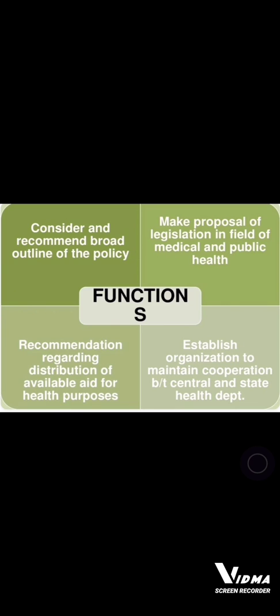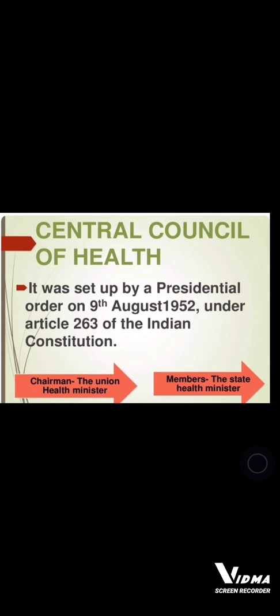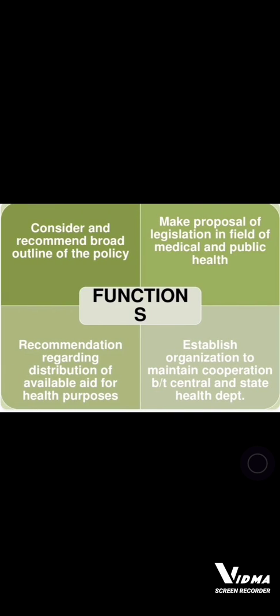Then what is the function? We will see the functions of the Central Council of Health. First one: consider and recommend the broad outline of the policy. The Health Minister of India will consider and recommend the broad outline of the policy. They will make one policy, and give the outline of how to make the policy.